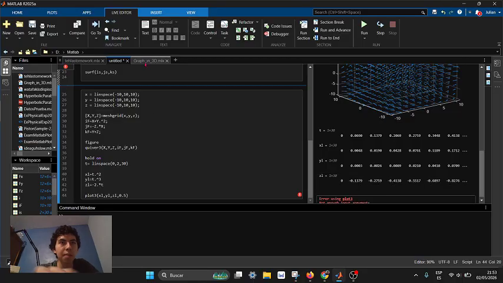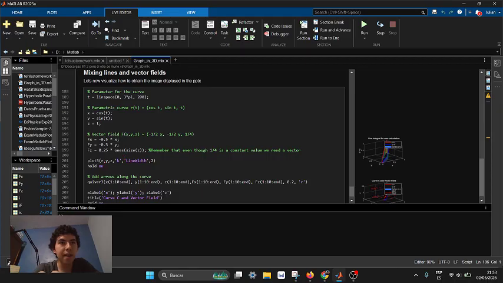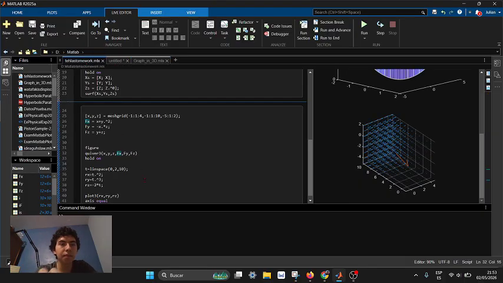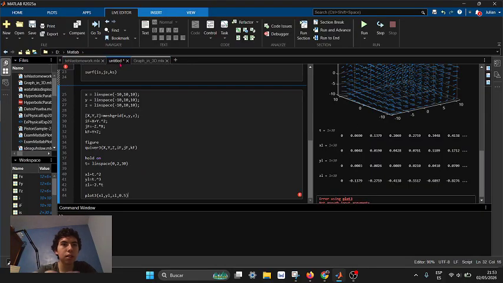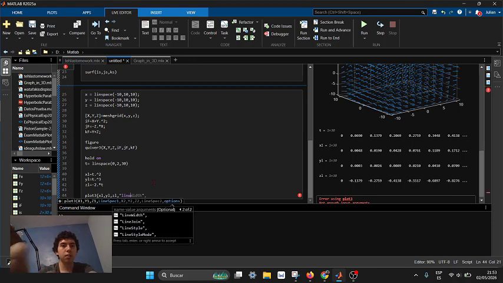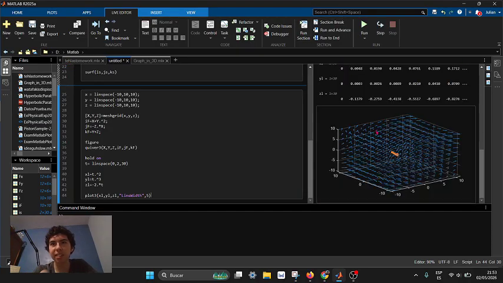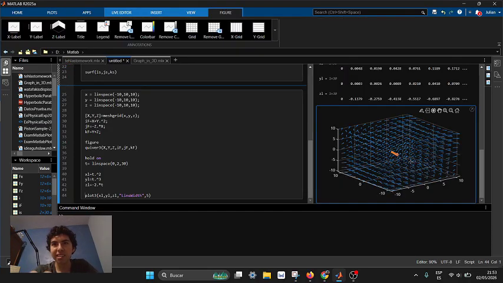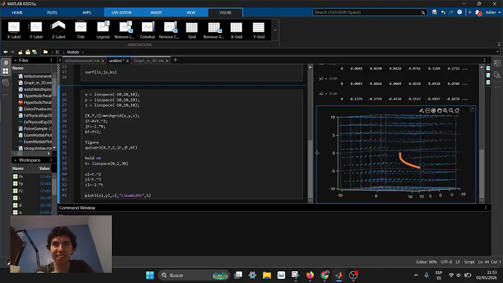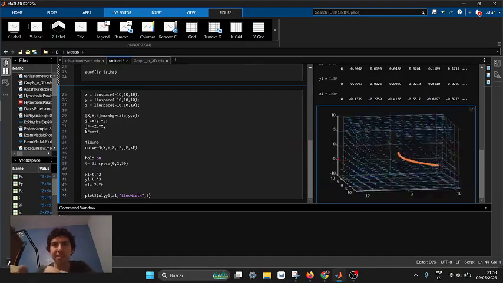Wait, no, my bad, that's for the quiver thing. Ah, there we go. LineWidth, okay. Comma, LineWidth, 0.2. No, 2, no, 5. I don't care, I'm going to make it thick. Yes, look at that line. Perfect.